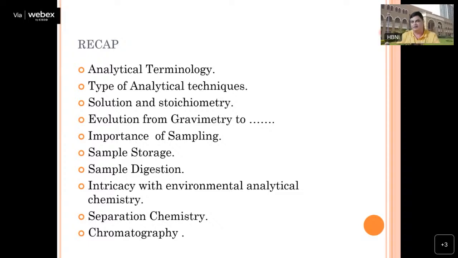And then the sample digestion. Sample digestion is again a very crucial step, because whatever the physical state in which you collected your sample, it is not always possible to analyze it directly. In most cases, sample dissolution is required.